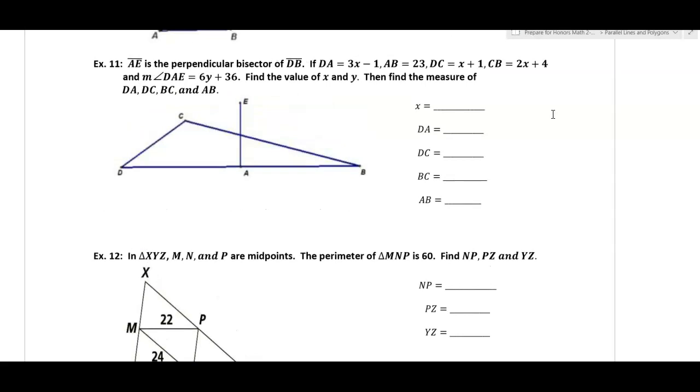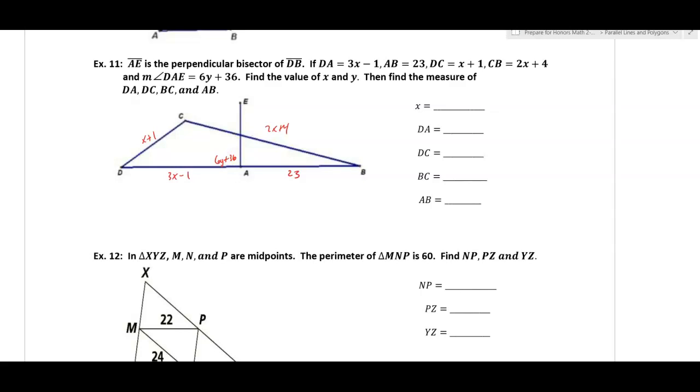All right, example 11. AE is a perpendicular bisector. DA is 3x minus 1, AB is 23, CD is x plus 1, BC is 2x plus 4, and angle DAE is 6y plus 36.